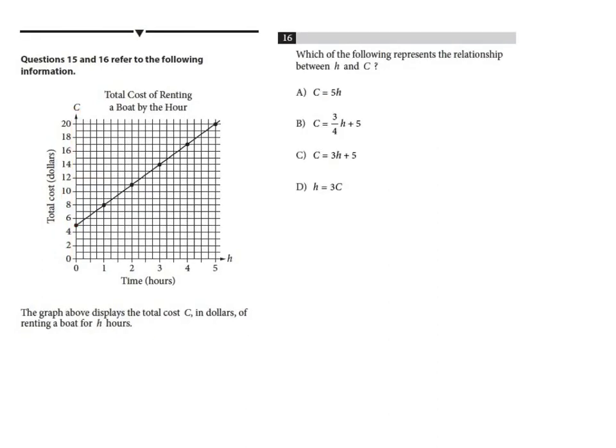Okay, still talking about the boats. 16 here is asking which of the following represents the relationship between H, hours, and C, cost. Well, we should recognize that this is going to be a linear equation. y equals mx plus b, where b is the y-intercept, and in this case c-intercept, and m is the slope.